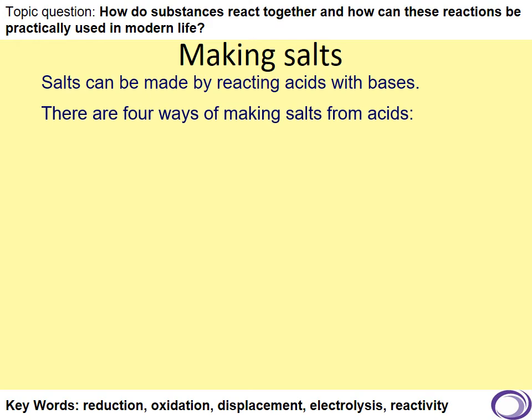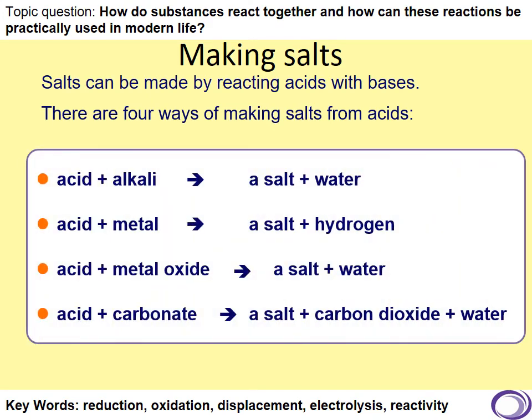There are 4 ways of making salts from acids. We can have an acid plus an alkali gives a salt plus water. An acid plus a metal will give a salt plus hydrogen. An acid plus a metal oxide gives a salt plus water. And an acid plus a carbonate gives a salt plus carbon dioxide plus water.